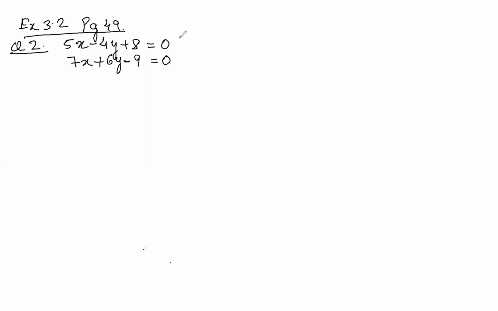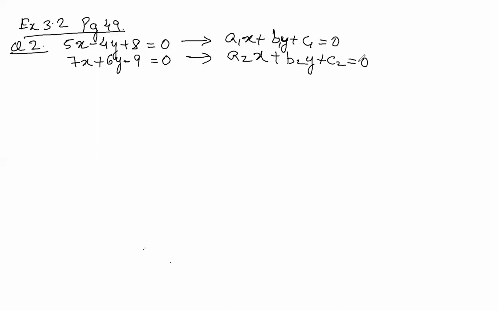So the first equation is equivalent to a1x plus b1y plus c1 equal to 0. And the second equation is a2x plus b2y plus c2 is equal to 0. So we should find out the three ratios. First one, a1 by a2.